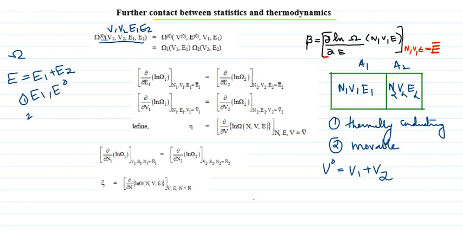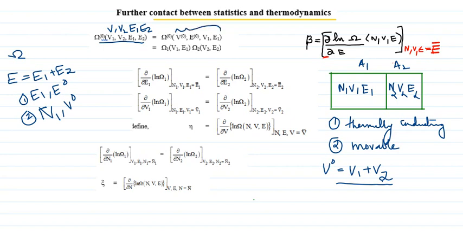In the second case, you have V0 equal to V1 plus V2. Here V0 is a constant, that means V2 is related to V1. So omega is dependent upon V1 as well as V0. That is what is written here.